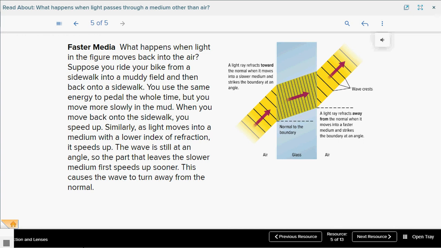When you move back onto the sidewalk, you speed up. Similarly, as light moves into a medium with a lower index of refraction, it speeds up. The wave is still at an angle, so the part that leaves the slower medium first speeds up sooner. This causes the wave to turn away from the normal.